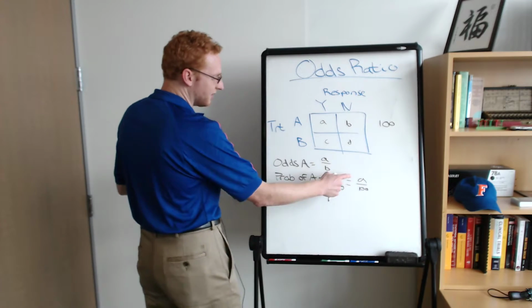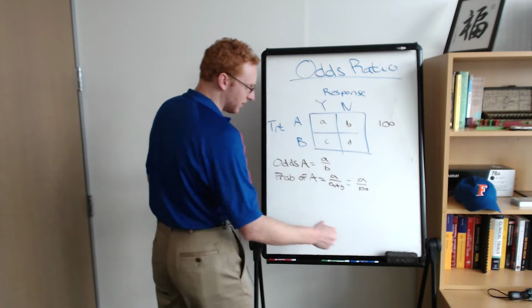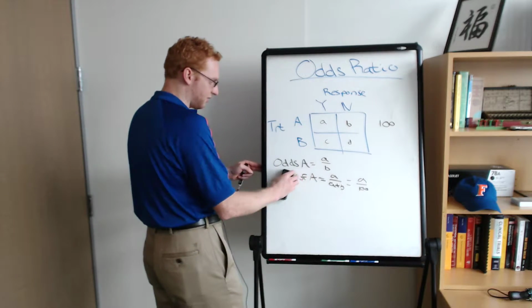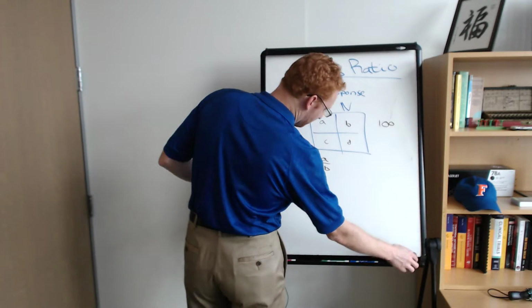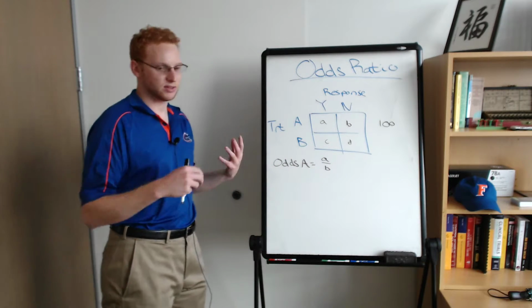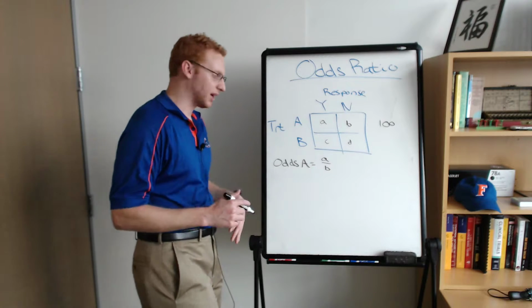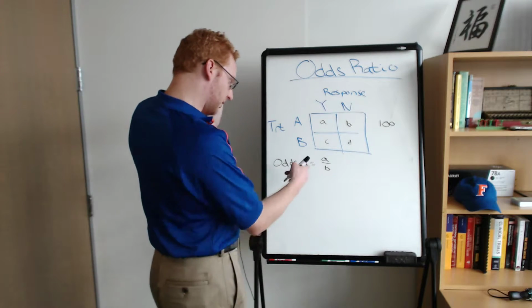So if A was 95, it would be 95 over 100. But we don't work with probability for odds ratio stuff, because for a lot of categorical stuff, odds are more natural for the mathematical formulas and more easy to work with and convenient. So we work with odds.